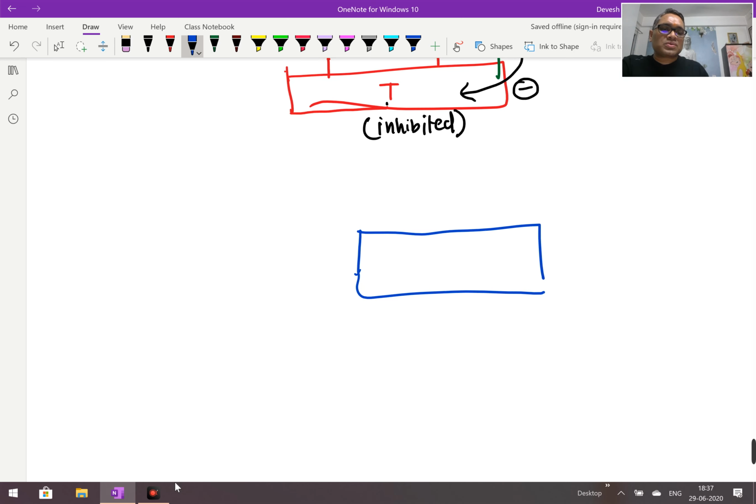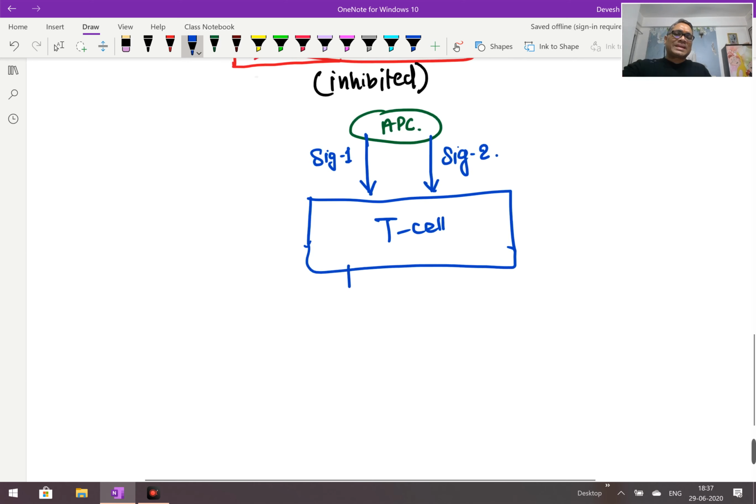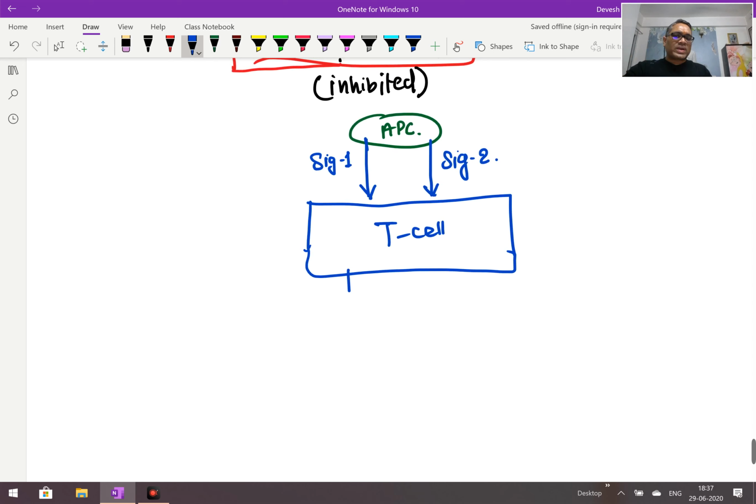Suppose I am showing you, this is the T cell, right? And this is the antigen presenting cell. In simple words, I am just showing you. Suppose this was signal 1, and this was signal 2 because of the co-stimulatory molecule, right? You remember? So I'm not drawing that diagram again. Signal 1, signal 2 is trying to activate the T cell.